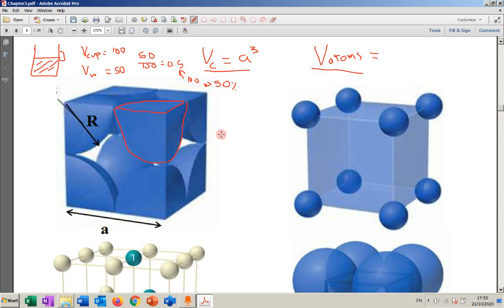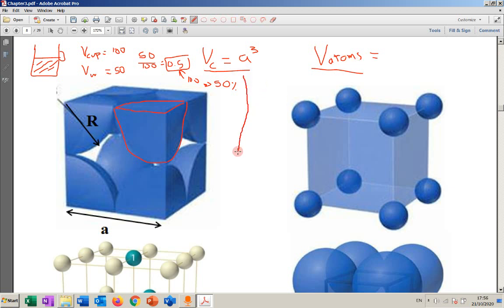We divide the volume of the atoms by the volume of the cube, multiplied by 100, or there's no need to multiply by 100, it's still okay. 0.5 is enough. 0.5 means half full. This is what we're going to do. We're going to calculate, for each of those crystal structures, the volume of the cube and the volume of atoms.